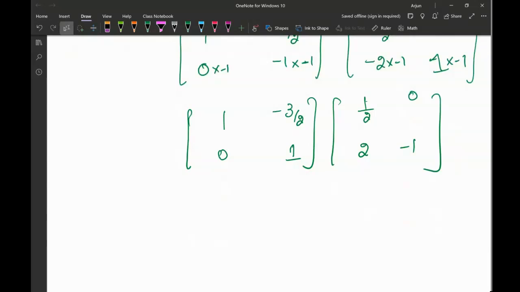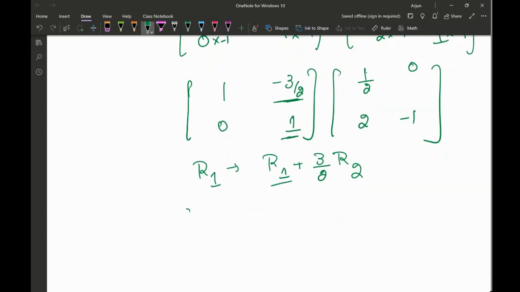And now the final step, I wanted to convert this one. So what I'm going to do is an operation on R1, which is R1 minus 3 over 2, or plus 3 over 2 times R2. Because this number is a negative number and this is a positive number, by adding we can solve it too.